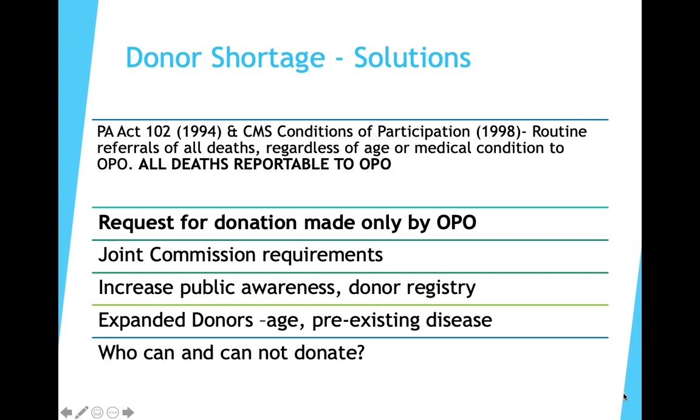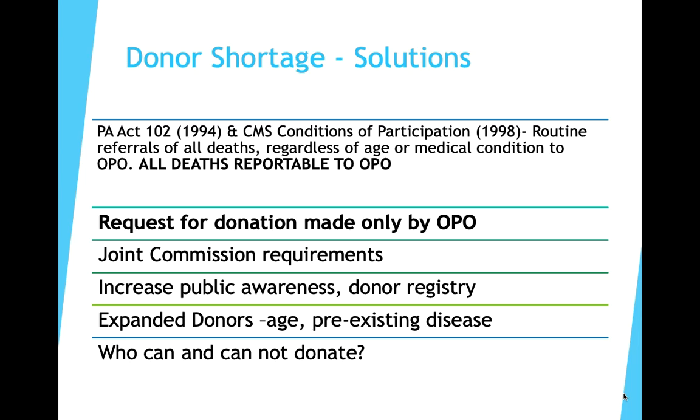Also, requests for donations are now made only by the OPO. So if you're in the situation where the patient is brain dead, the Organ Procurement Agency personnel are the ones who are trained and they know the best way to go about speaking with the family to ask them if their loved one would like to be a donor.